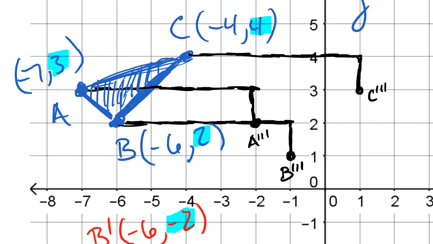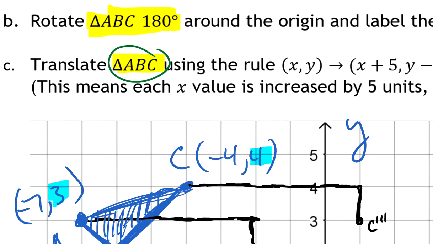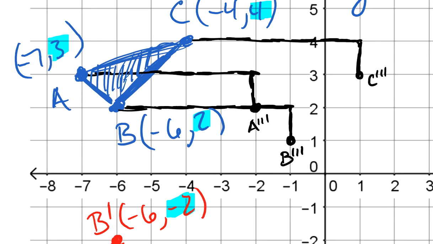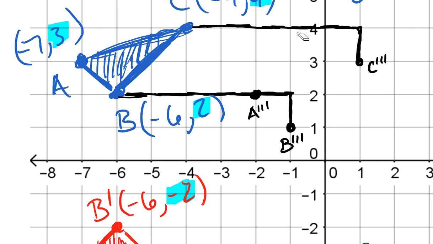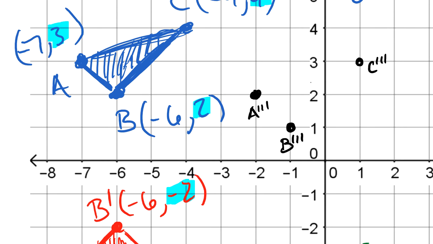So here's my new triangle. And I'm going to go ahead and erase these lines, the over 5, down 1. And again, why am I going to the right 5 and down 1? Because it says you're going to increase x by 5 and decrease y by 1. So I'm just following that rule. So let me go ahead and erase this, and I don't need this now. And I'll just go ahead and sketch in the triangle.